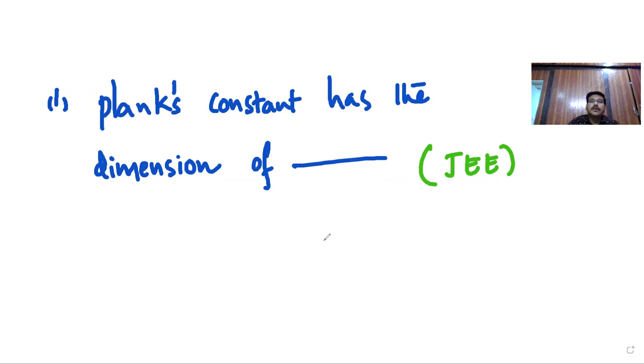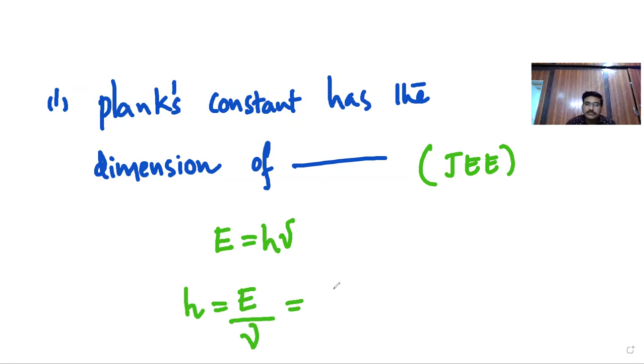Clear? Now, as we know, Planck's equation is E is equal to h nu, where E is the energy, h is the Planck's constant, and nu is the frequency. So he was asking the dimension formula of the Planck's constant h, so E by nu. Now, E is energy.